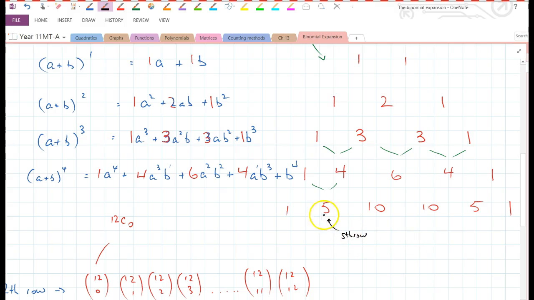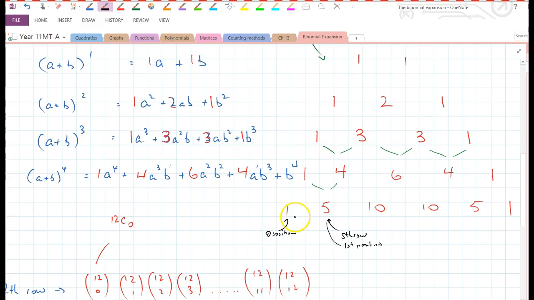Now we can find each term in the fifth row by calculating, in this case, the first position. And your first thing you're going to say is, hang on, that's not the first position, is it? Because that guy there is the first position, but that is the 0 position.